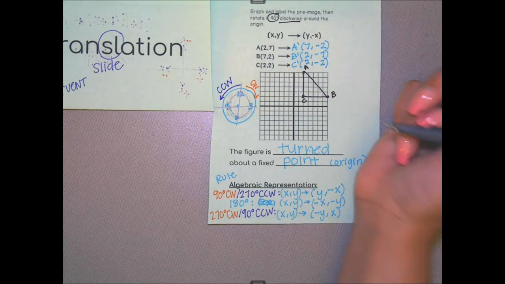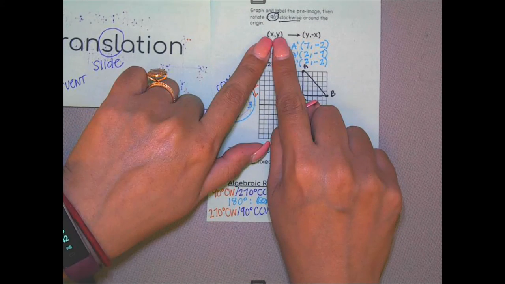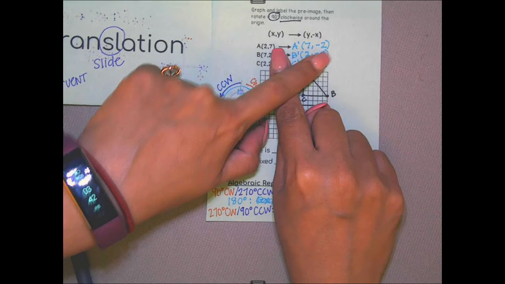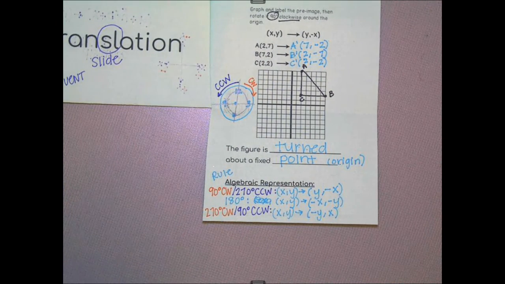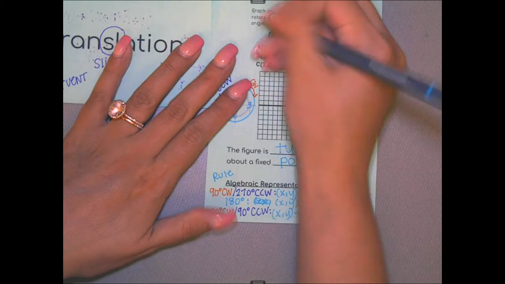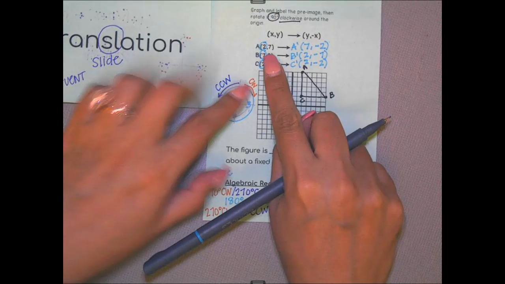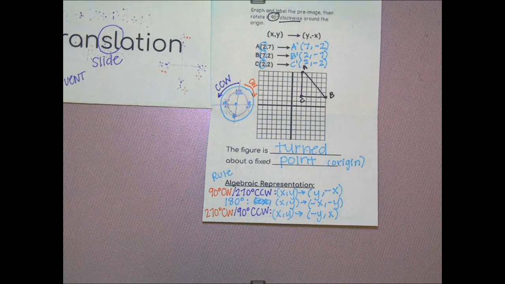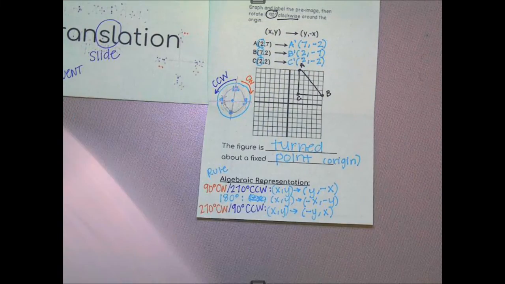So if I look at my rule and I look at my coordinates, my rule says I start x, y and they flip places and all my x's become the opposite. So I'm going to circle my x coordinates and then I'm going to make sure that's actually what happened when I did my patty paper rotation, okay?